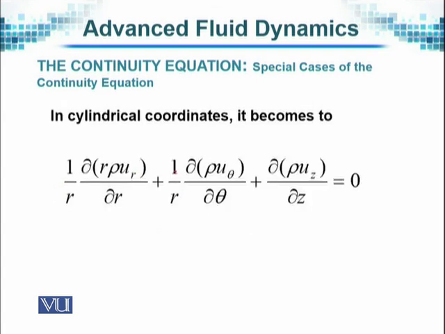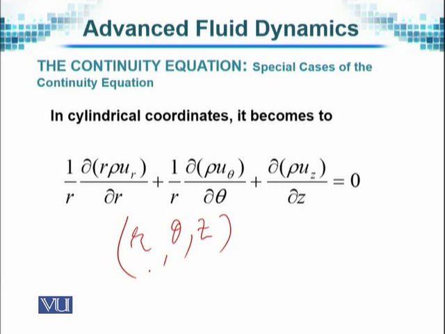If we were to consider the cylindrical coordinates that are normally taken to be r, theta, z, then the equation is written as, and it is very easy to transform the rectangular coordinates into polar coordinates.